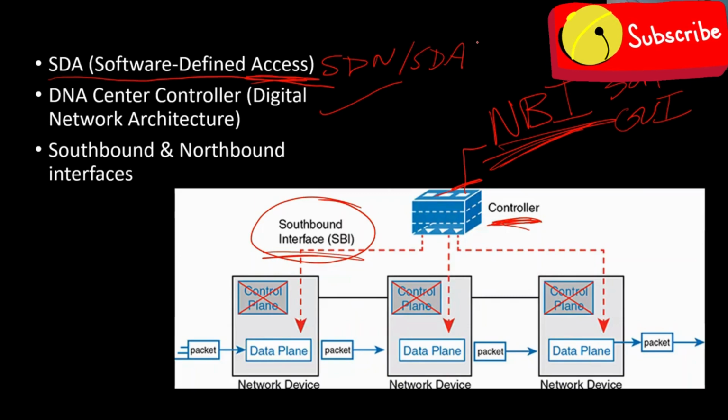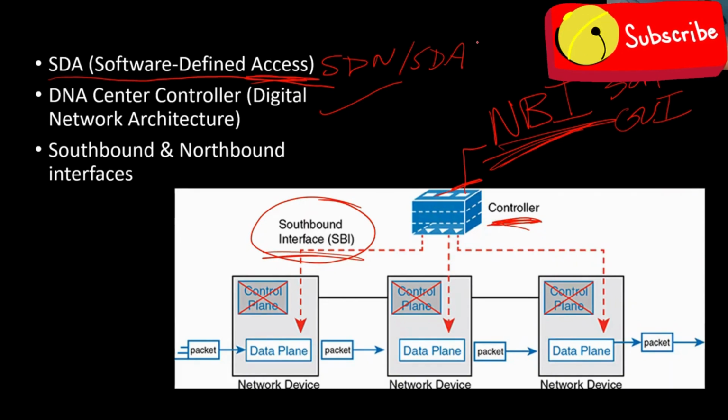However, we're always going to use SDA as the acronym when we're talking about software in our network. SDN is more of a test acronym, something you use if you want to be politically correct or proper, but we're always going to say SDA.